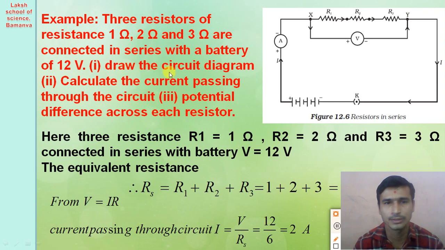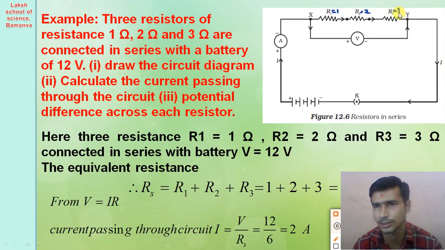Question number one is draw the circuit diagram. So here we draw a circuit diagram with resistor R1 equal to 1 ohm, right? R2 is equal to 2 ohm and R3 is equal to 3 ohm. These 3 resistors are connected in series with the battery of supply voltage, 6 volt, right?